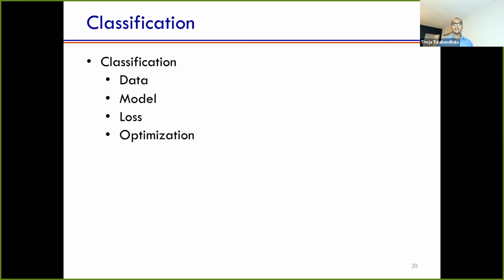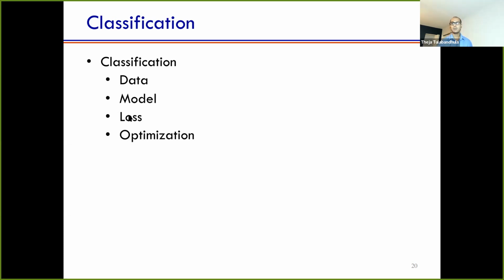So classification. We look at 4 components which constitute a classification task. From the point of view of data, some details about the data, and some details about the model class you're picking, and this is exactly where you can switch between an SVM, a deep learning model, or a neural network model.